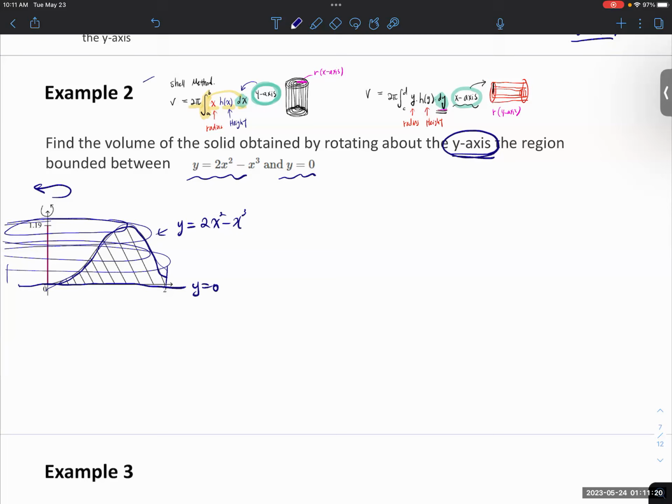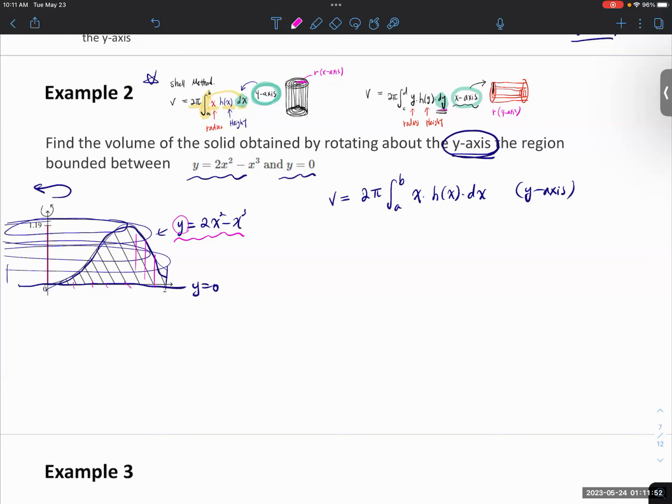So we're going to keep using the first one, V equal to 2 pi integral from a to b of x, the radius of the circle, times the height dx. This is the y-axis rotation. So we have to think about the radius and height. This is going to be the height function, because depending on the x variable, you can find the height. If x is 1, you can find the height, x equal 2.